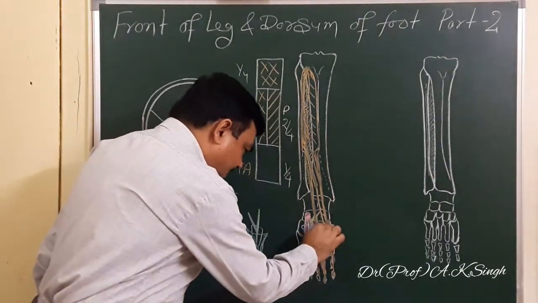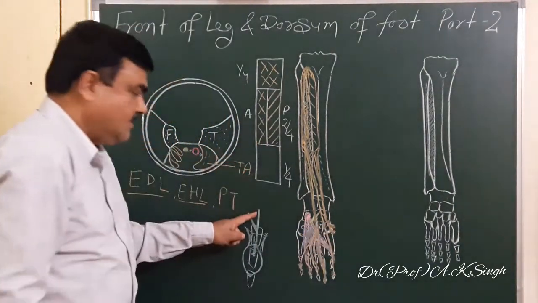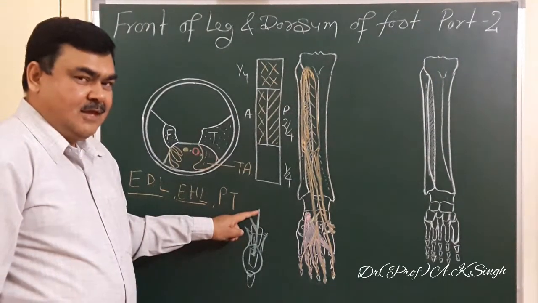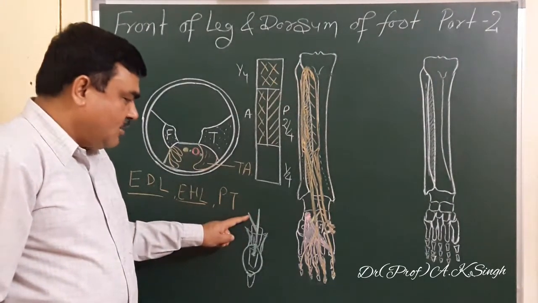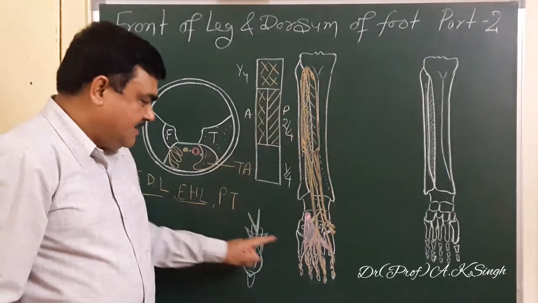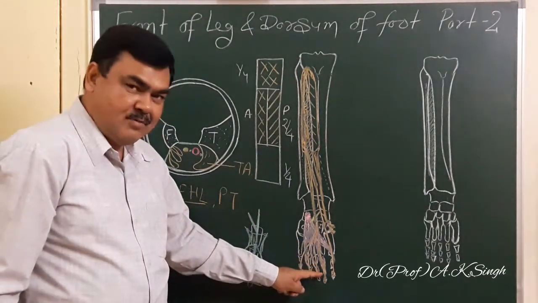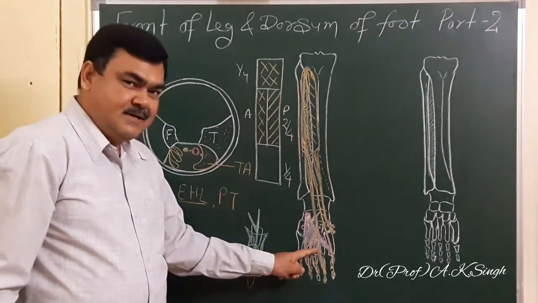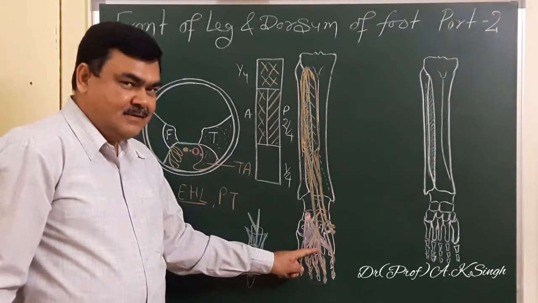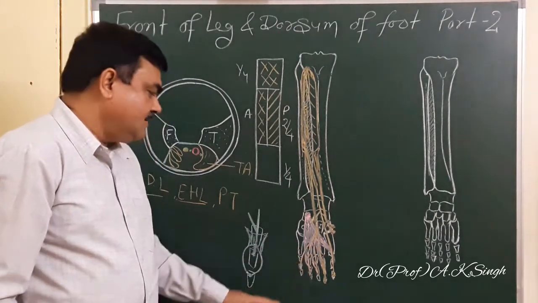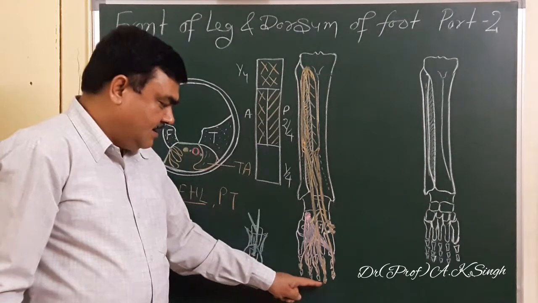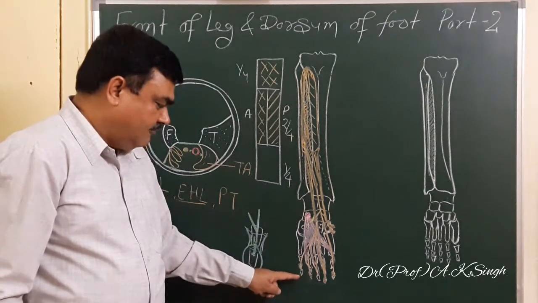This is same tendon of the extensor digitorum longus, in which extensor digitorum brevis is attached. This is tendon of extensor digitorum longus. Here is extensor digitorum brevis, which is attached from lateral side. So these are 4 tendons attached with 2nd, 3rd, 4th and 5th toes.